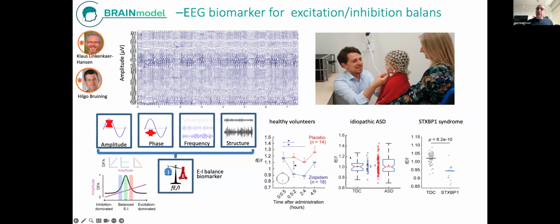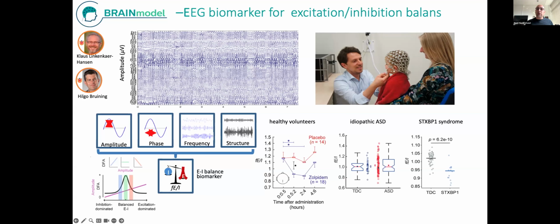Also, in idiopathic cases of ASD, meaning where we do not know what the genetic cause is, we see that the variation of this E/I balance is much higher than in healthy developing kids. You see, especially, the variation can go in both directions.